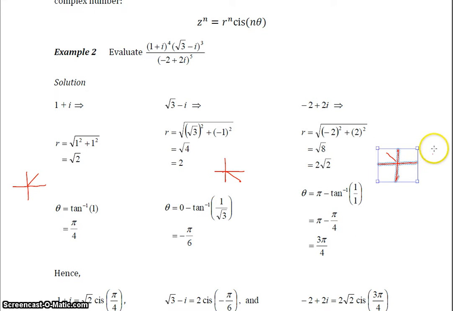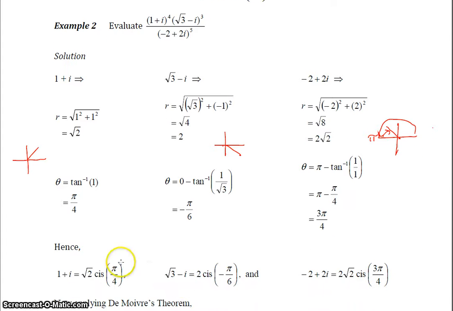That's what we've written here: pi minus arctan of 2 over 2, which is 1 over 1. Arctan of 1 is pi on 4, so it's pi minus pi on 4, which is 3 pi on 4. So that's our argument. We've got our modulus and our argument for each of them, and that's summarised here, just changing those to polar form.